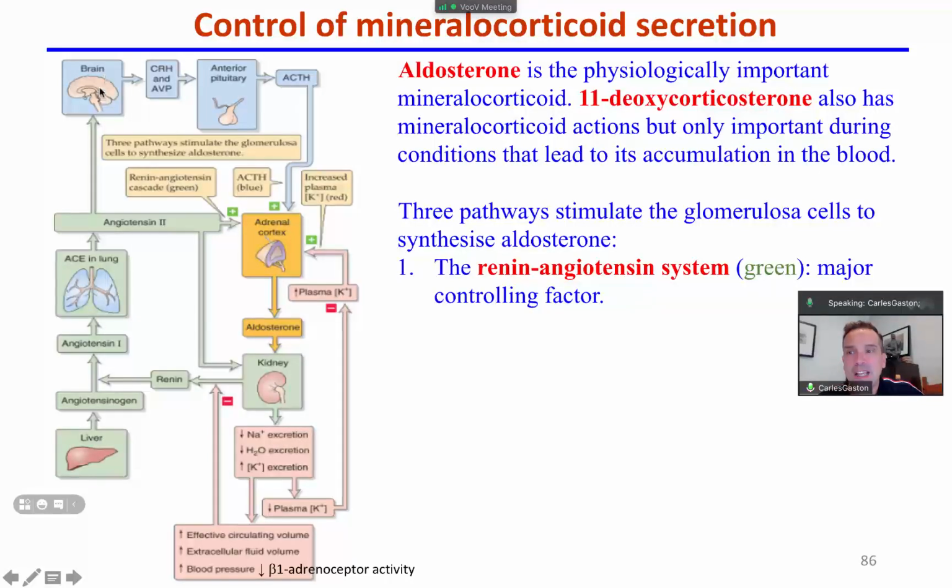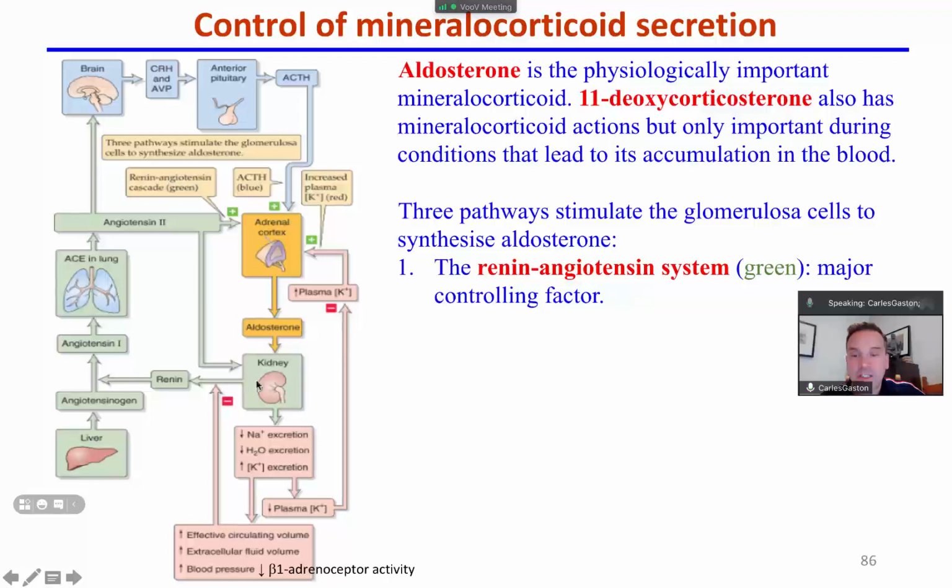So basically angiotensin 2 comes from increased signaling in the lung, but also angiotensinogen from the liver, okay? This will also affect the adrenal cortex to produce aldosterone.